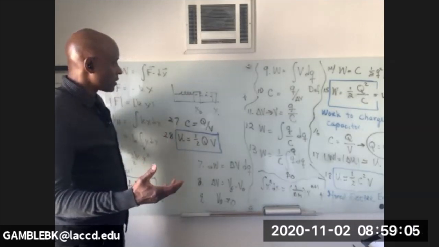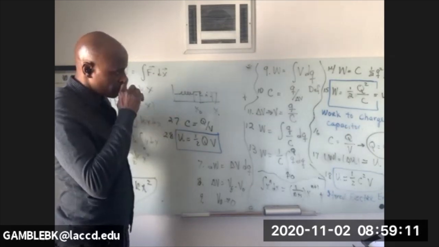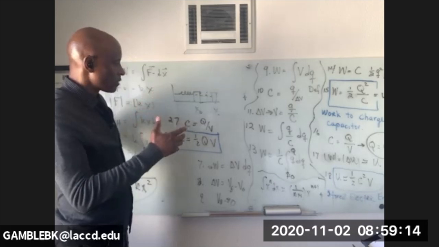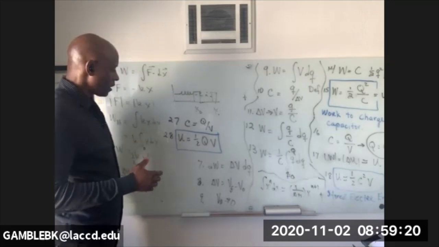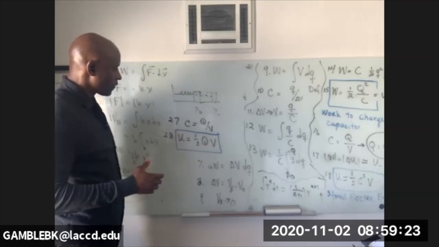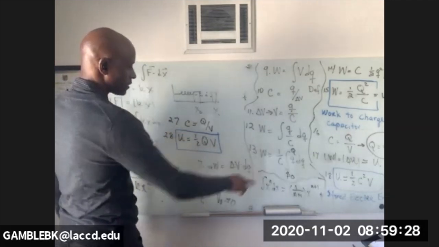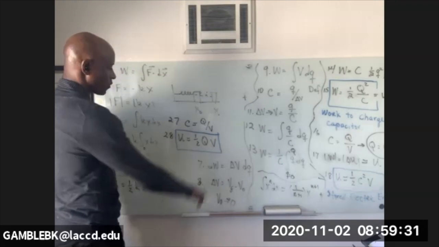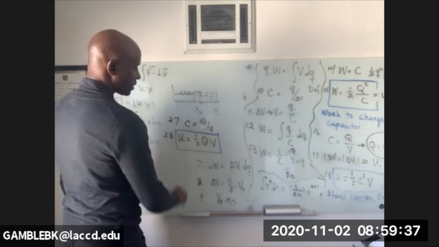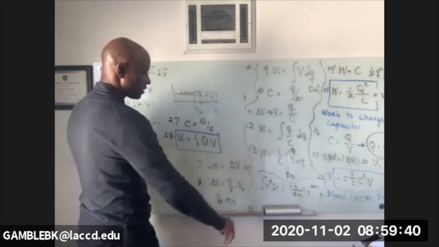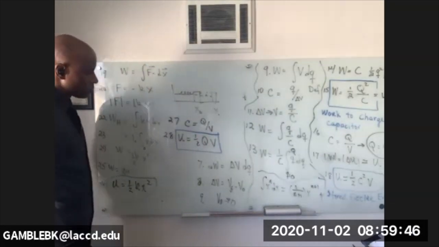It shows you basically that the capacitor has the ability to store both energy and charge. For a particular amount of voltage, we can see that in equations 28 and 18, the amount of charge and potential energy stored associated with that stored charge is going to be determined.